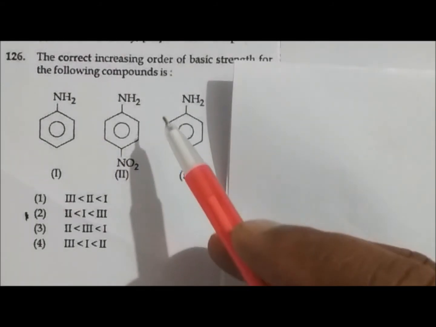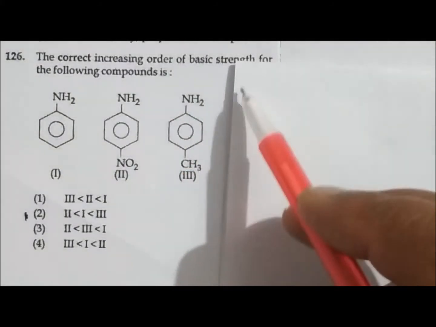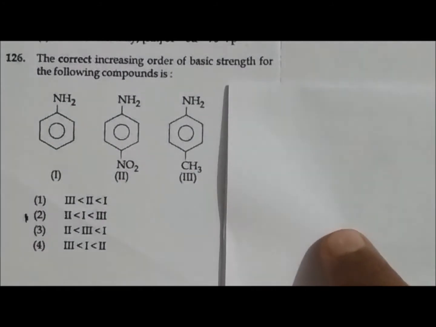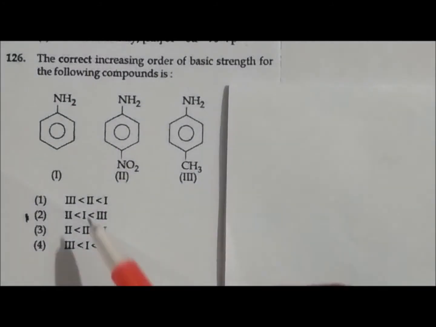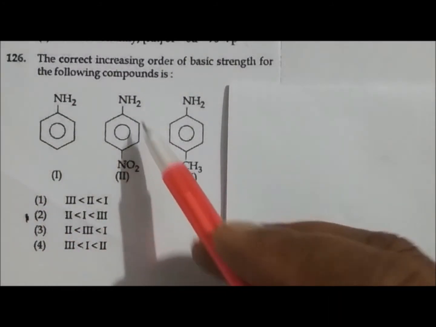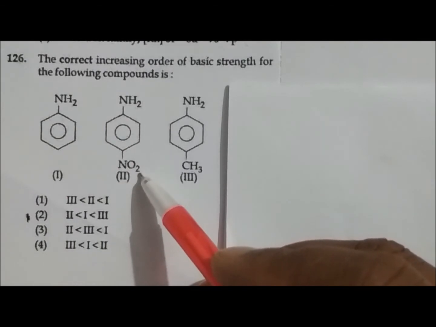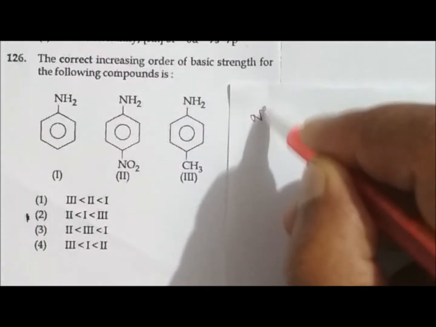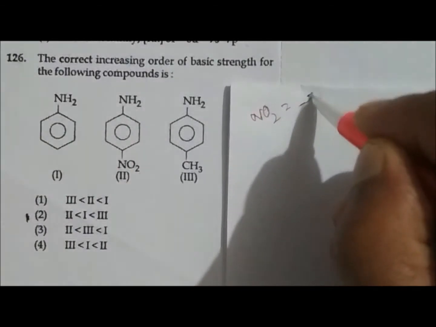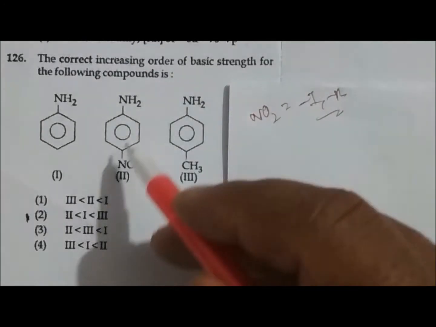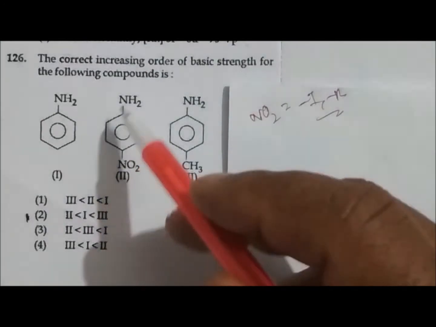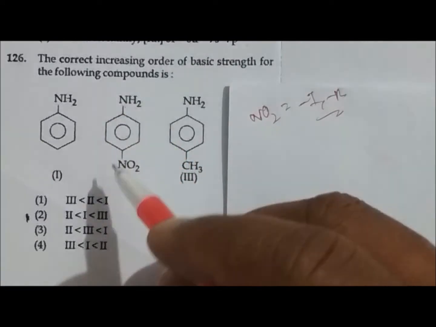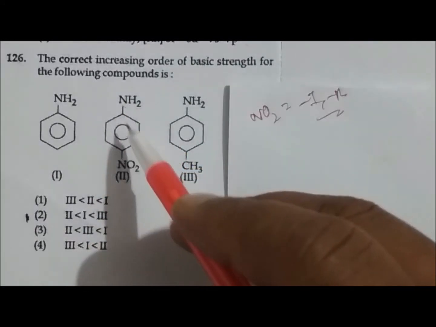The correct increasing order of basic strength for the following compounds is asked. Now this is aniline, and again at the para position a nitro group is there. The nitro group has a strong minus I and minus R effect. It will withdraw electrons, so the electron pair on the nitrogen will not be so strongly basic.